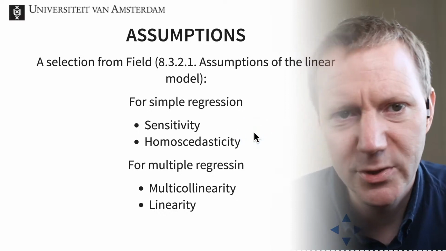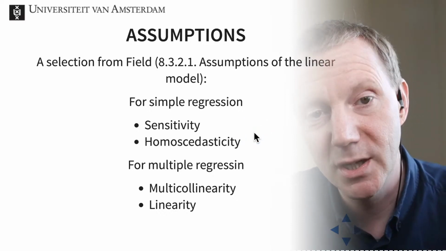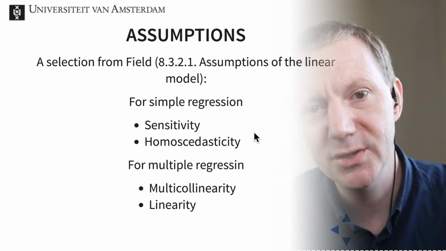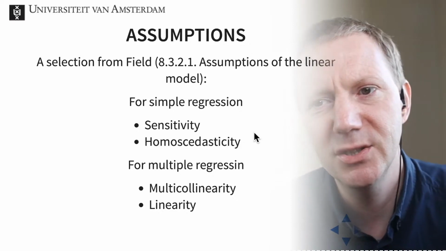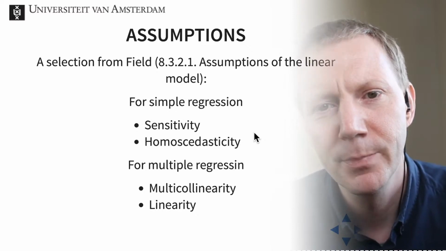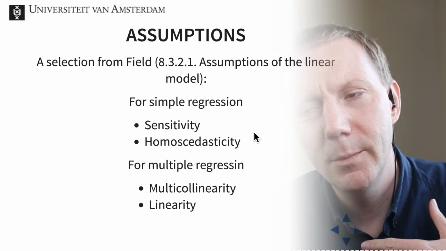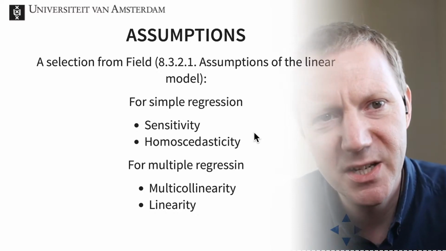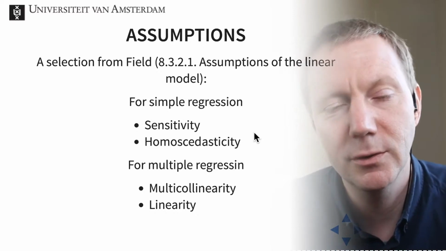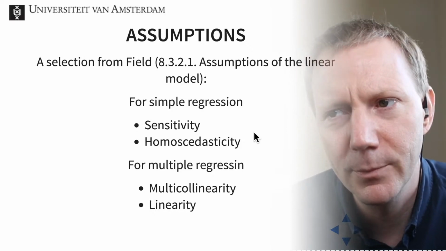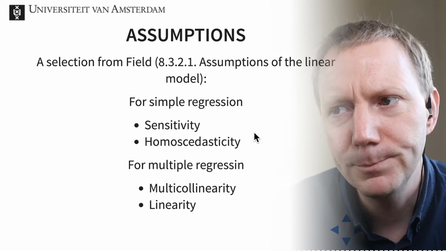The other one was the homoscedasticity, which in essence is equality of variance across the predictors, and we've seen that you could look at the homoscedasticity by having SPSS calculate the standardized residuals and the standardized predicted outcome.